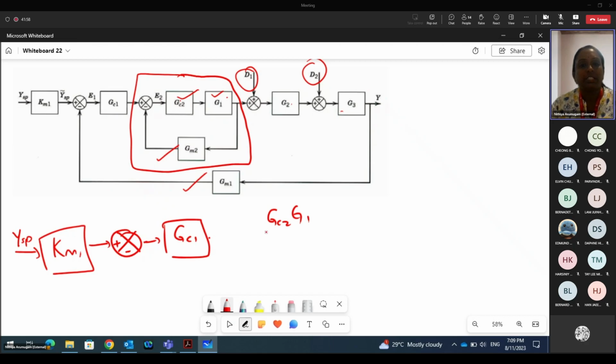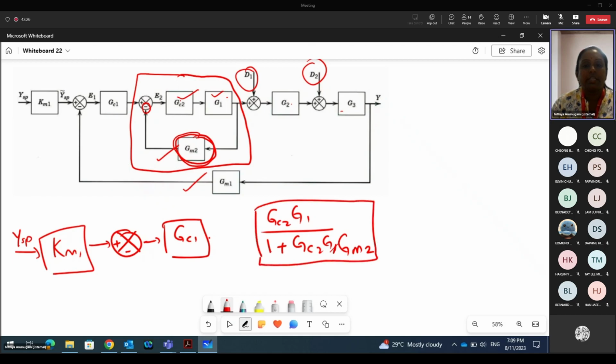Okay, this is our current G. My H, my loop here, is the GM2. So it's going to be 1 minus, but here it is negative, so it's going to be positive. And my current G is GC2 G1, and H in this case is GM2. So this is my new transfer function. All right. So simplified, we have another summing point, plus plus.